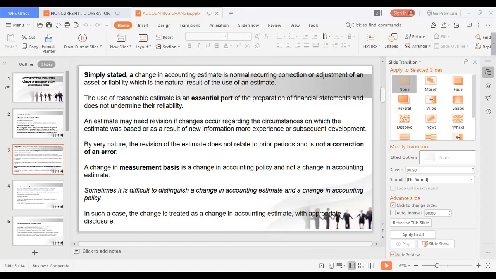So we have 28 as the SYD. Depreciation expense for 2020 is 5,040,000, and then we multiply it by 7 divided by 28, or 1/4. So that gives us 1,260,000, the depreciation for 2020.